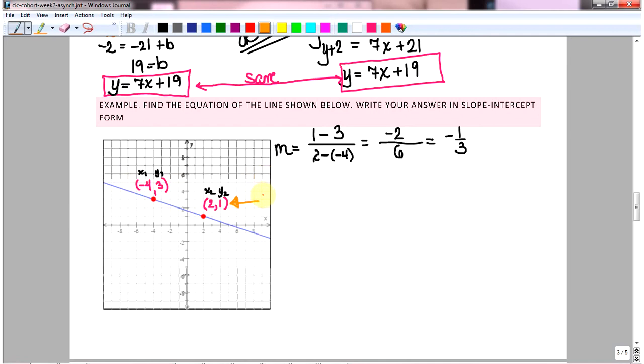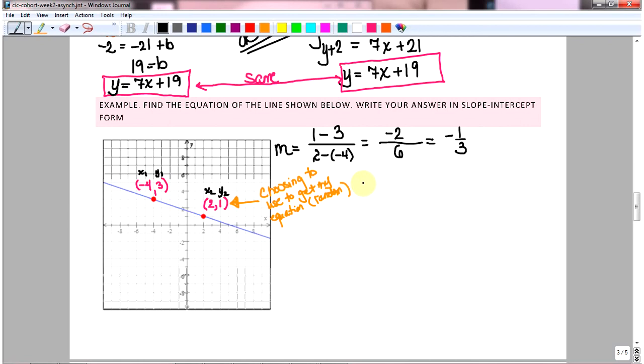Okay, so let me just make a note that I'm going to use this point to get my equation. And that was a random choice because I could have used any point on the line.